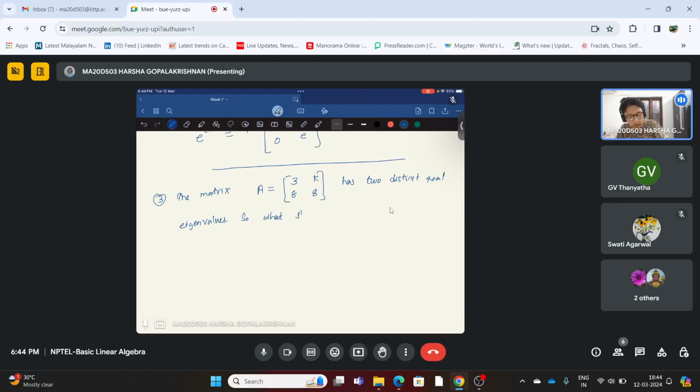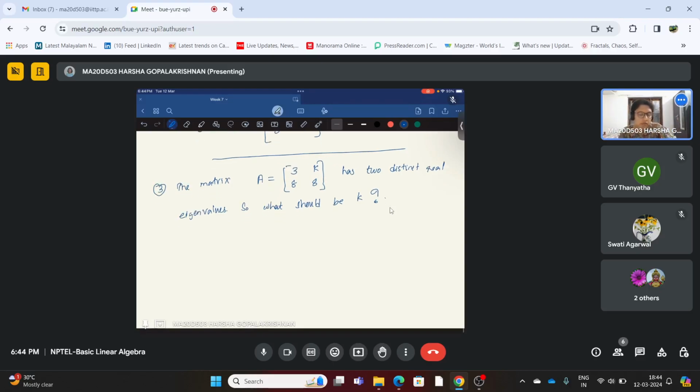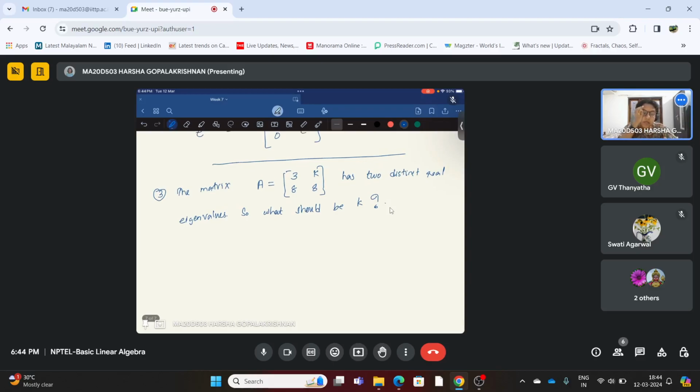So what should K be? For what values of K will this matrix A have two distinct real eigenvalues? Can anyone at least start how to answer the question?